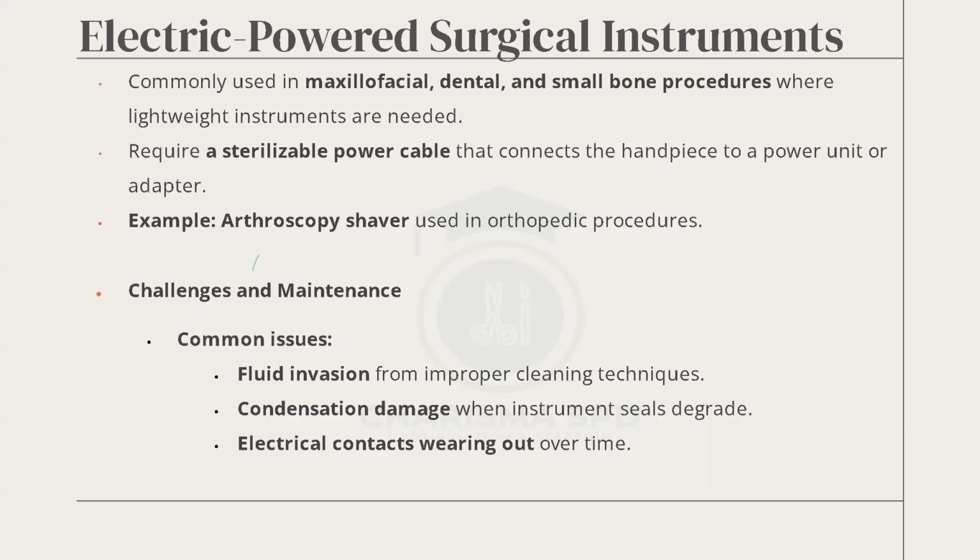Everything looks good from the outside, but when they plug it in, it's not working because everything has broken inside from the way you coiled it so tight. So the electrical cords wear out over time. As they continue to use them, they will wear out.